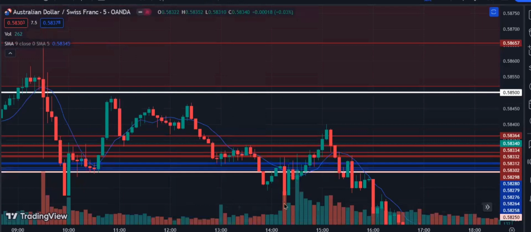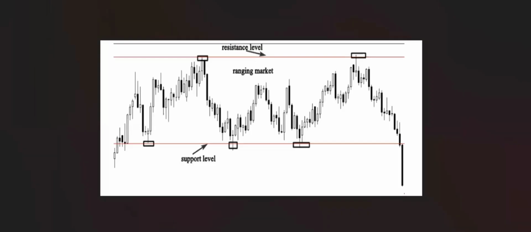You better use the right price action strategies.